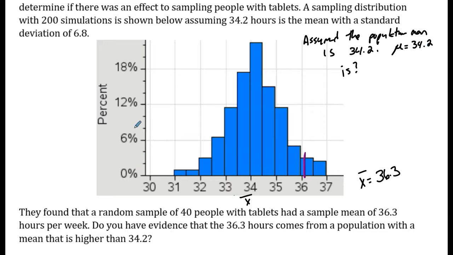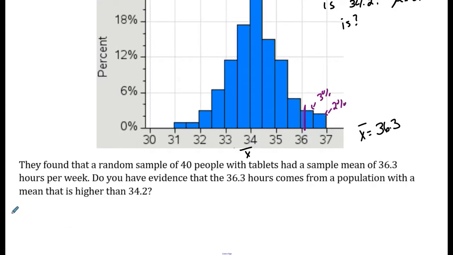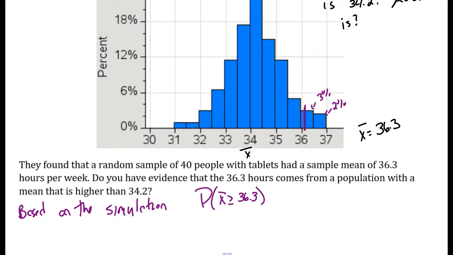Well, my scale is by 6%, so this is 2%, and we can say that's about 3%. That's probably less than 3%. So based on the simulation, the probability of getting an x bar that's bigger than or equal to 36.3 is about 5%.